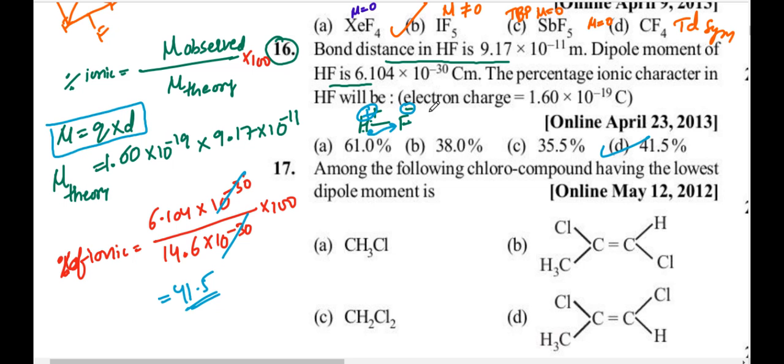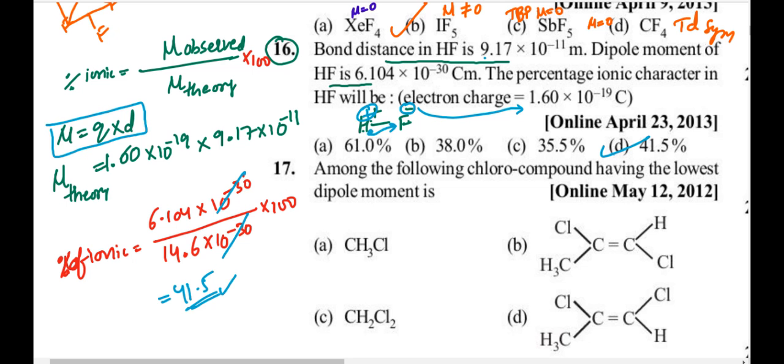The charge equal to 1.6 into 10 power minus 19 coulombs. The distance is given as 9.17 into 10 power minus 11. If you do this, it is the mu theoretical. Next, these two values I substituted in the formula, then we got the answer.